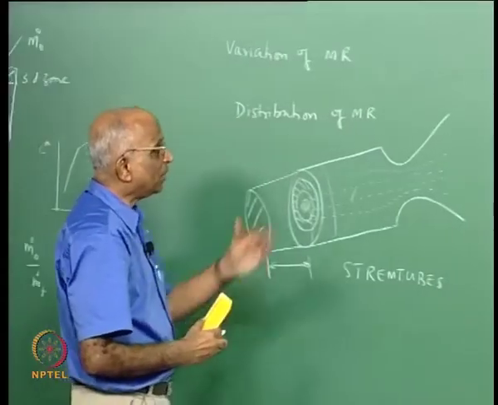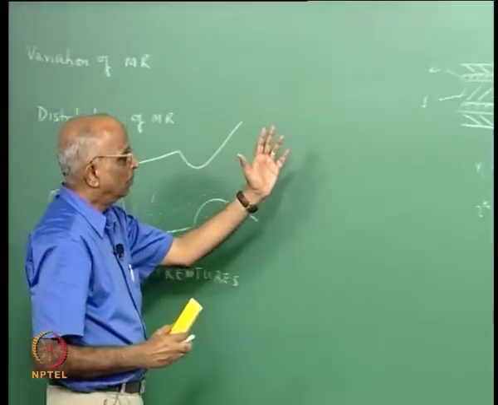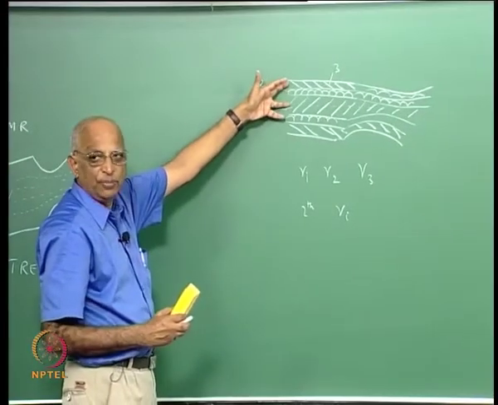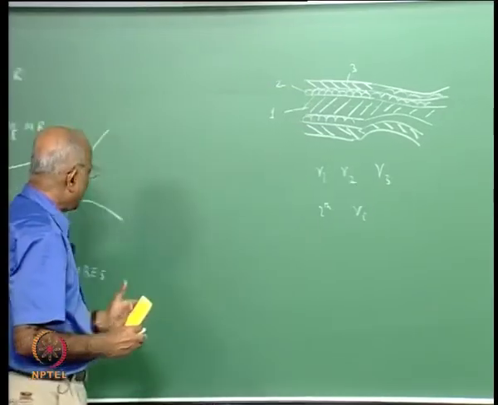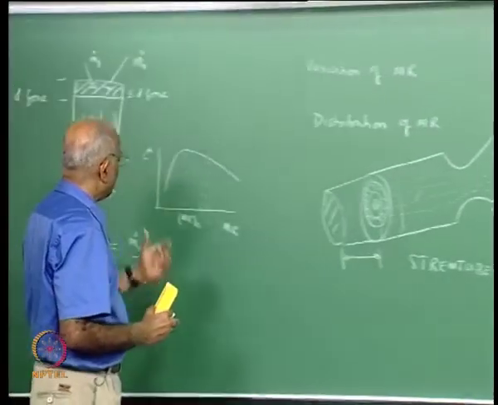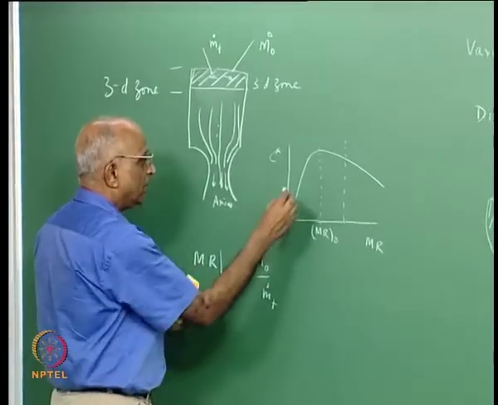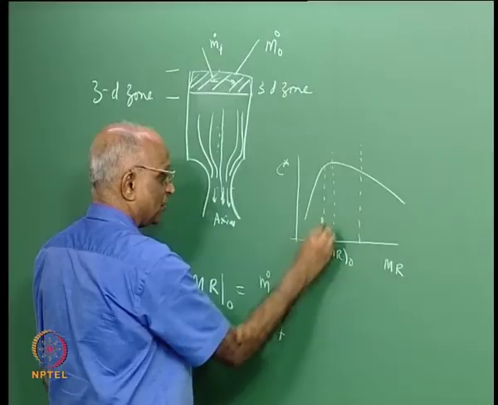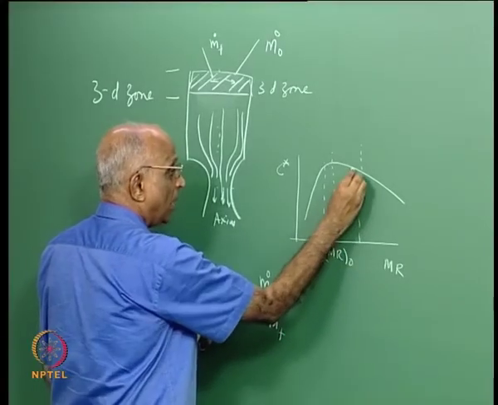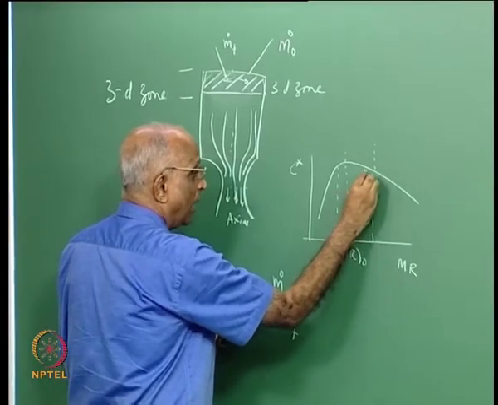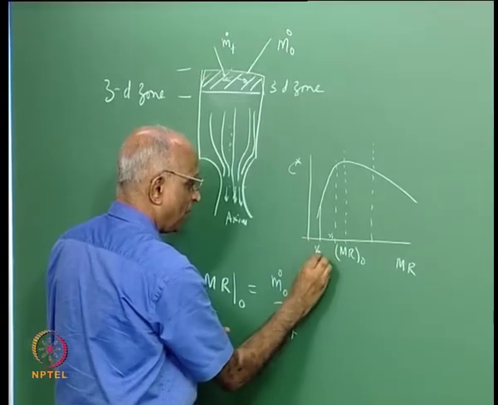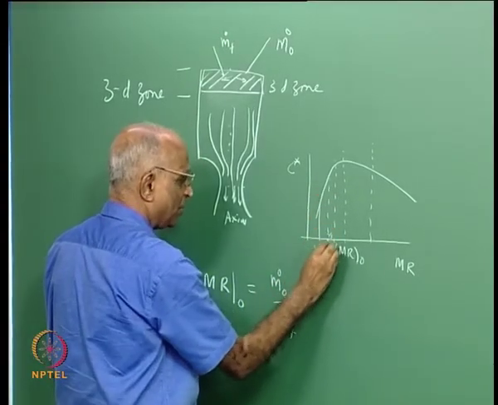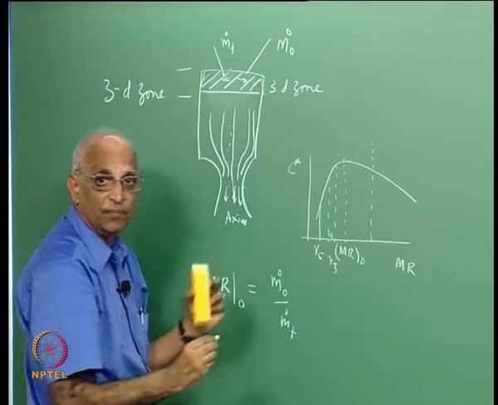Now I want the net composite performance of a series of stream tubes, and now what is it I am saying? Let us come back to this figure. Maybe the core has a mixture ratio 1 here, let us say this is R1, maybe the outermost near the wall has a mixture ratio, let us say R5, maybe someone has a mixture ratio R3, and so on.